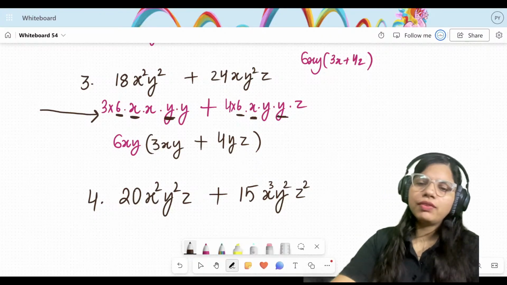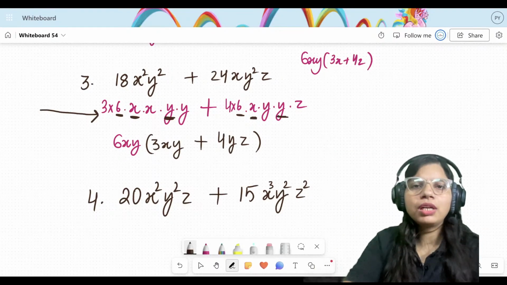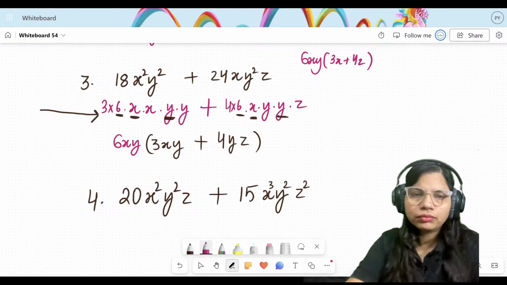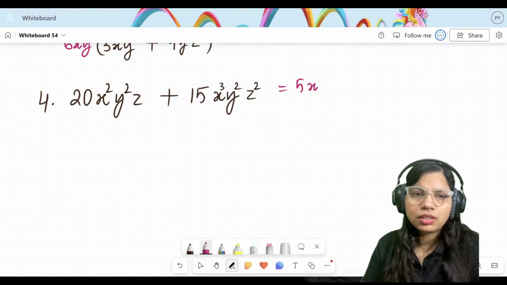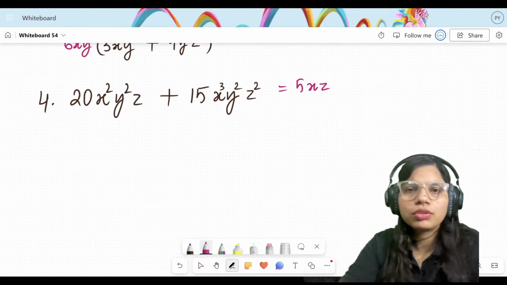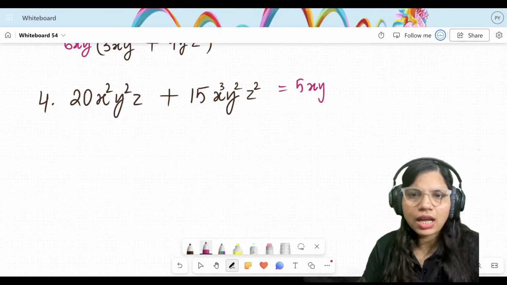Okay, I have it from Kriti. 5xyz. Let me just copy down your answer. So you are saying the answer as 5xyz outside the bracket.